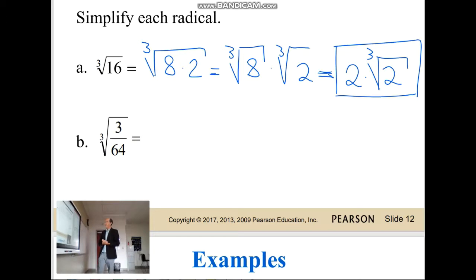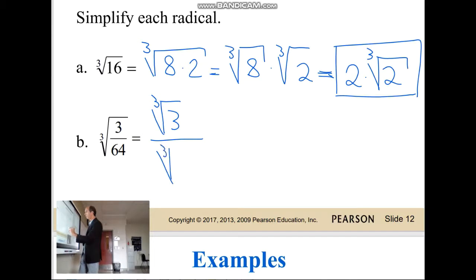Very good. Now letter B. We're going to apply the quotient rule here. The cube root of 3 over 64 is cube root of 3 over cube root of 64. Great. Can we simplify a little bit more?